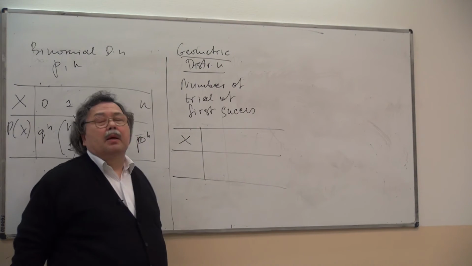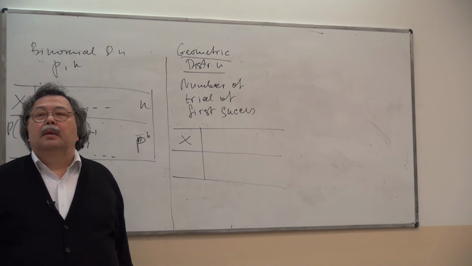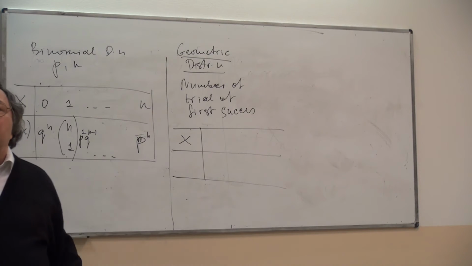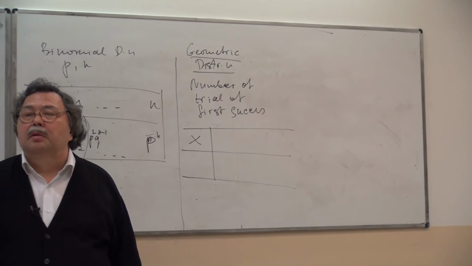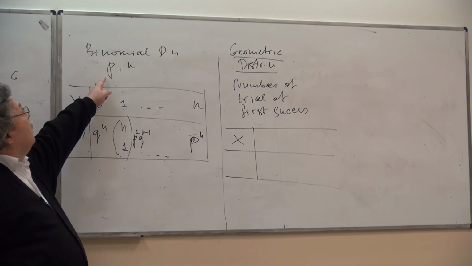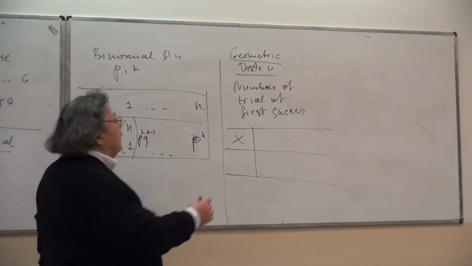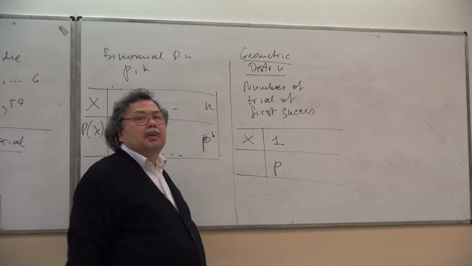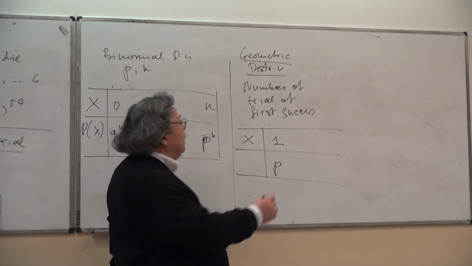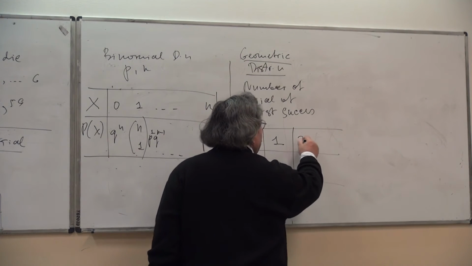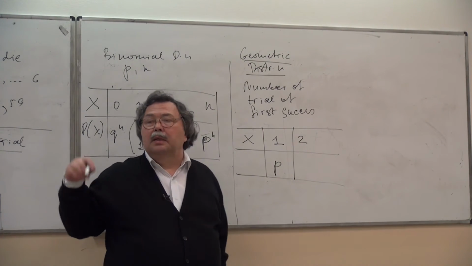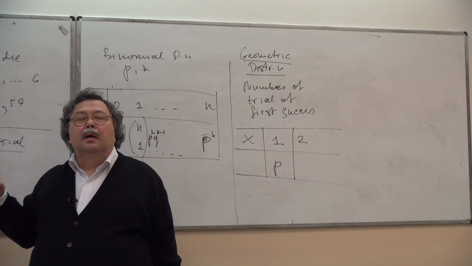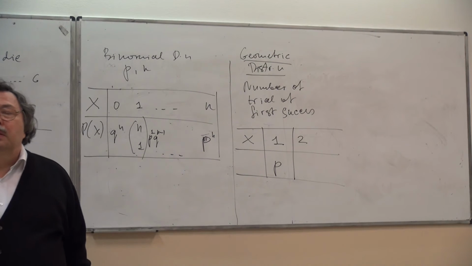Well, can a success occur on the first trial? Is it possible? Yes, obviously, and this is the probability of this event. So 1 is a possible value, and the probability is p. Can the first success occur on the second trial? And what's the probability of this?